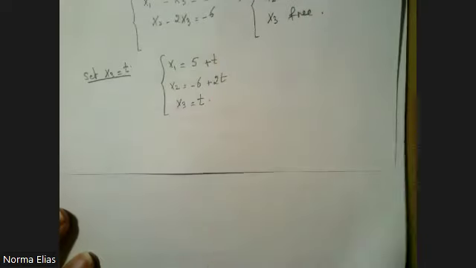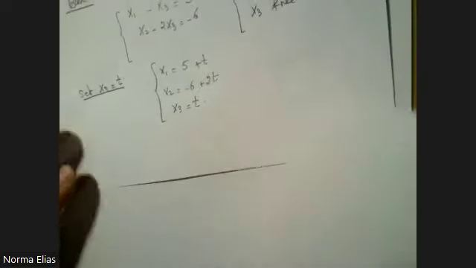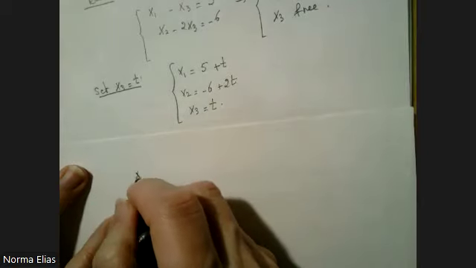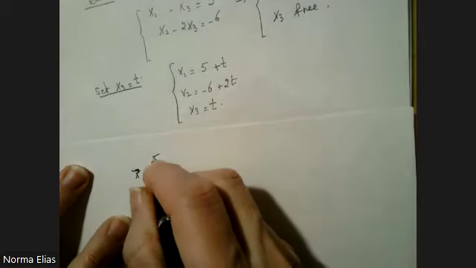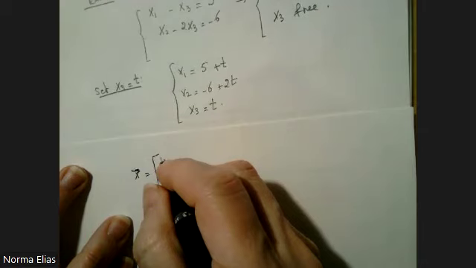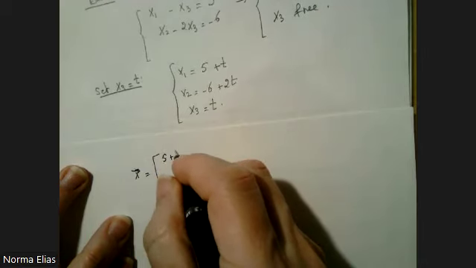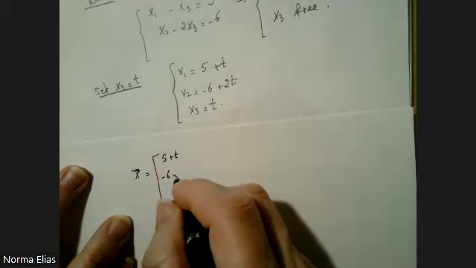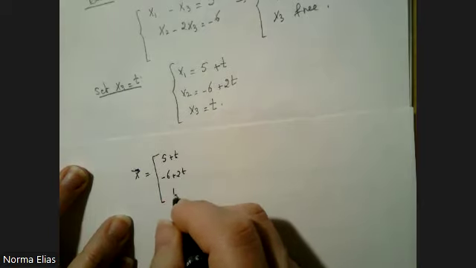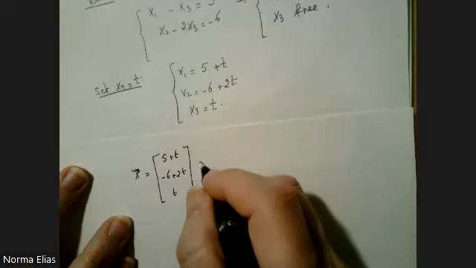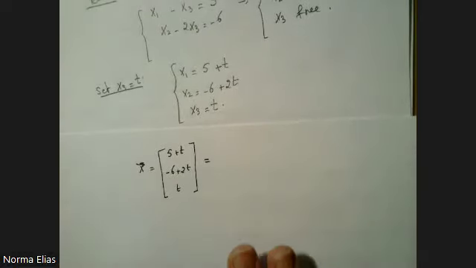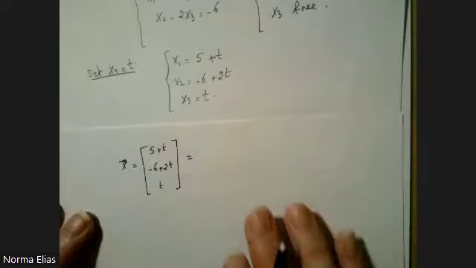So how will we write this in parametric vector form? So the solution vector x is (5 plus t, -6 plus 2t, t). And I'm going to split this. Basically, the idea is to split this in a way we can better understand it. So how can I split this?